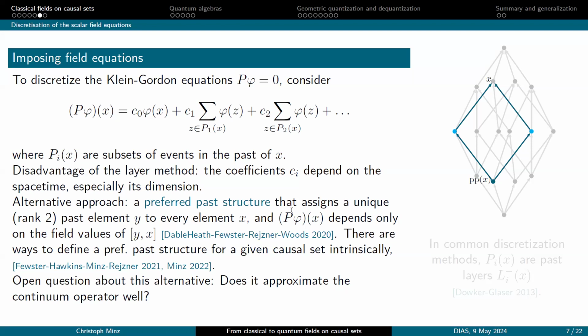But what is still an outstanding question that we haven't answered yet, because this needs some mathematical study, is whether this alternative approach is actually a good approach also for discretization of a Causal set, in the sense that it is maybe even better than the previous one, so that the coefficients that you would get don't depend on the spacetime dimension. For lattices, I've actually shown that the discretization that you get out of this is almost spacetime dimension independent.